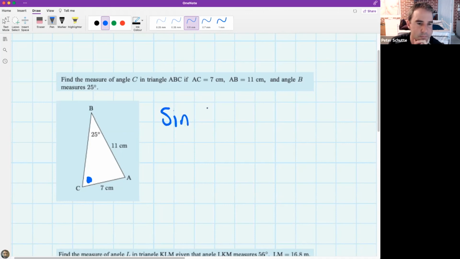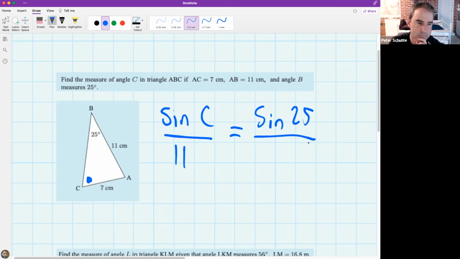So step one. Now, what are we going to get for angle C according to your calculation so far?